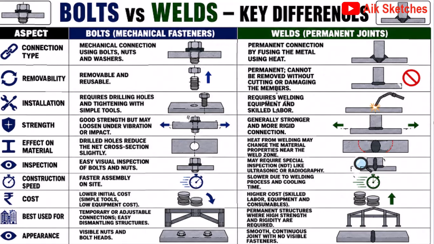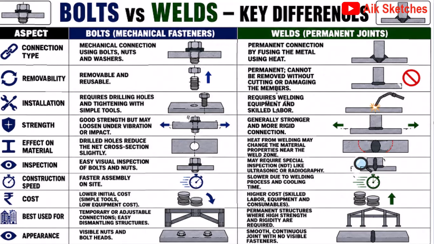They are more expensive than the bolted joints because you're going to need skilled labor, equipment, and consumables, the electrodes and other materials that are used. In total, it will result in spending more money to do welded joints.